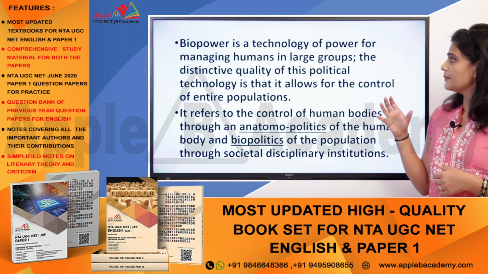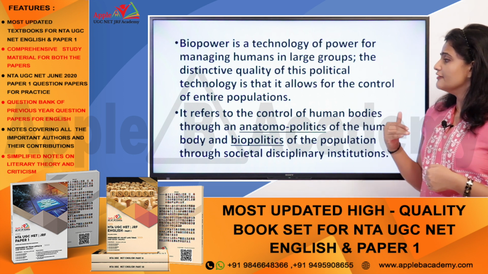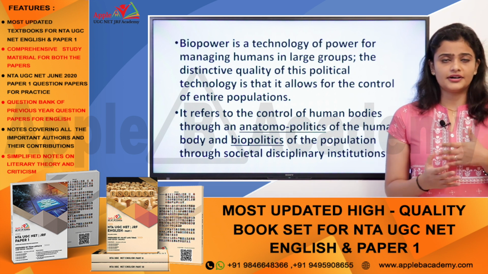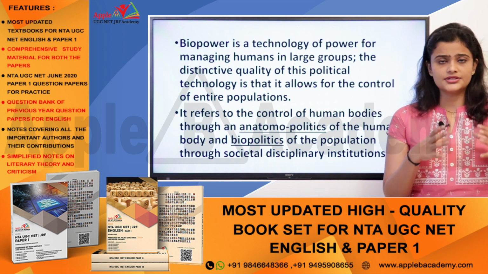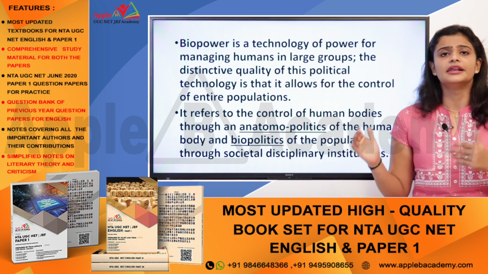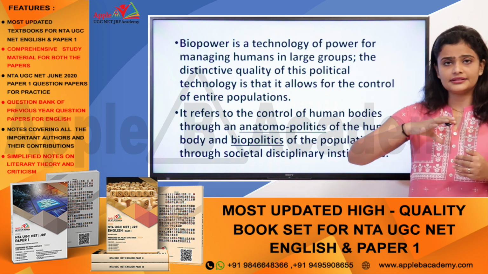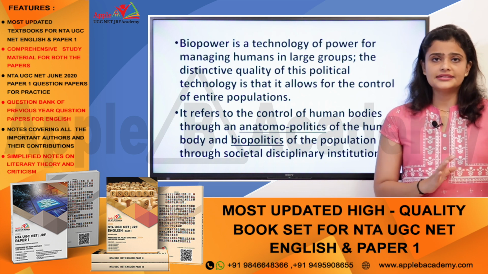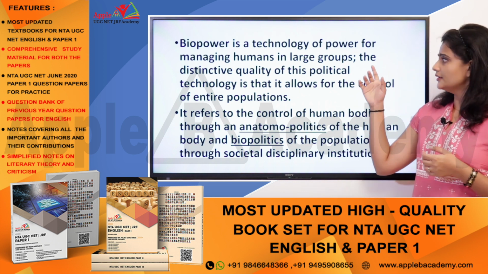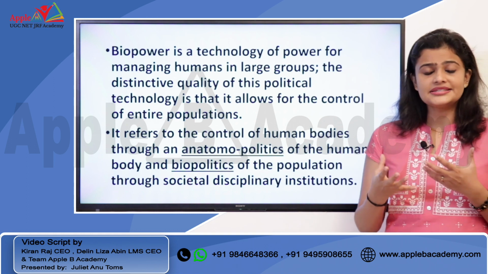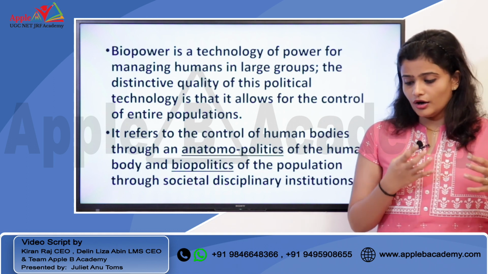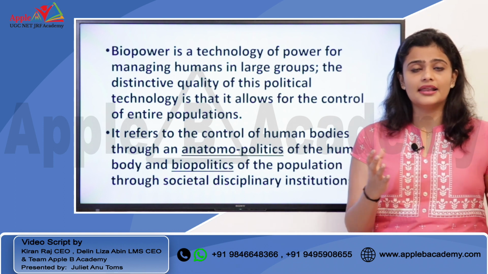According to him, it is a technology of power for managing humans in large groups. Okay, for example, if there is a rule that this should be given to these particular people, then you can find that this group of people all become equal under this particular law. Basically, what happens here is that humans are managed in large groups.